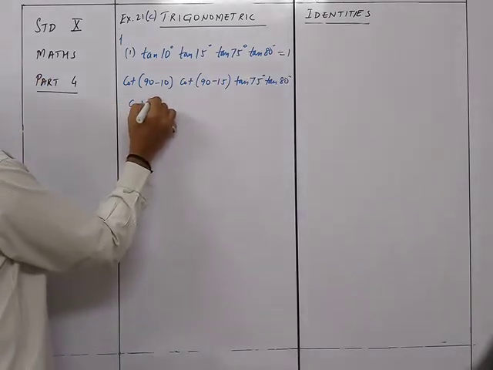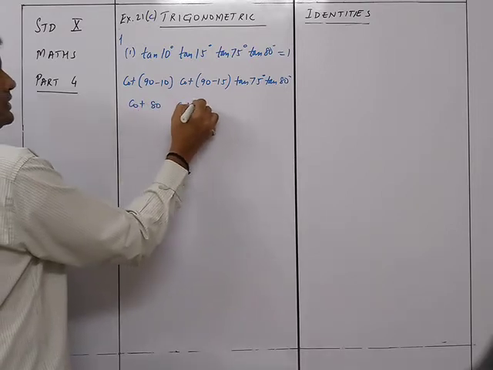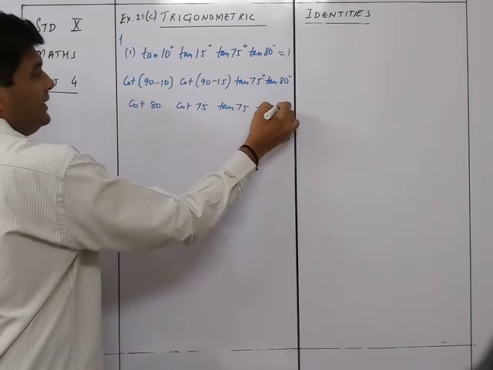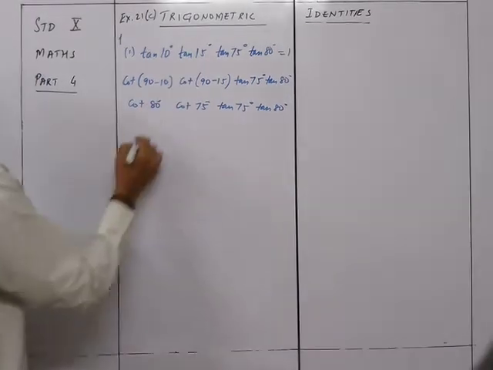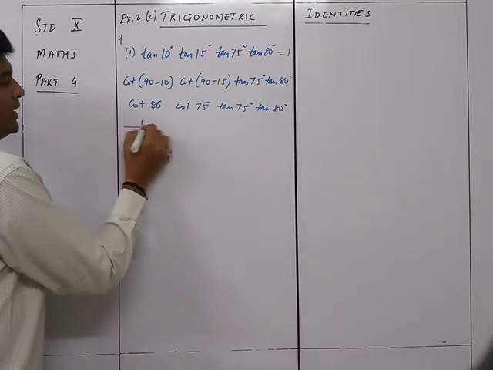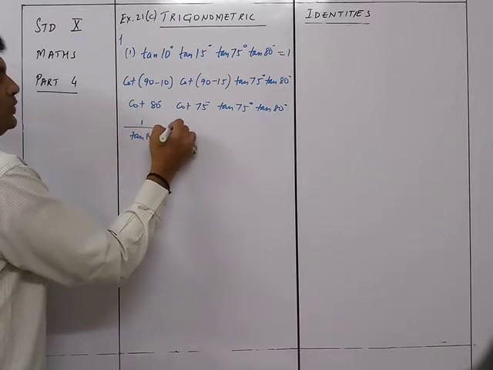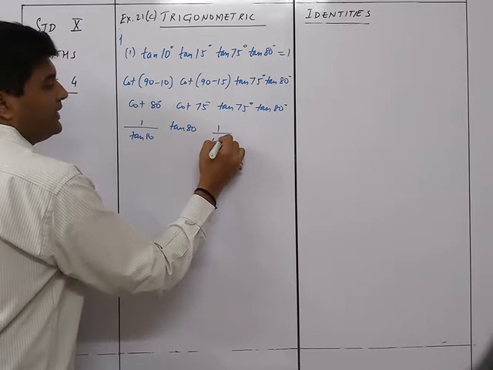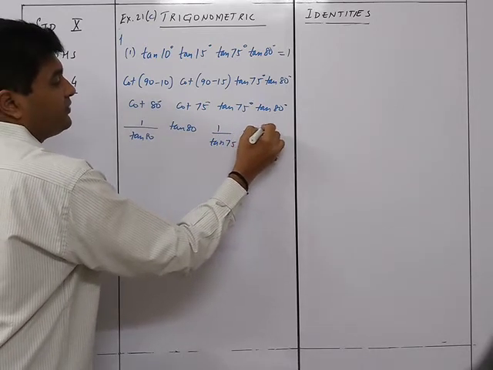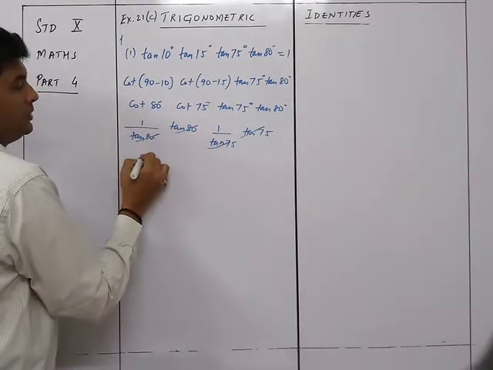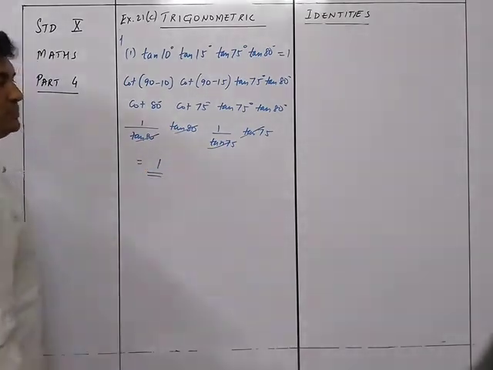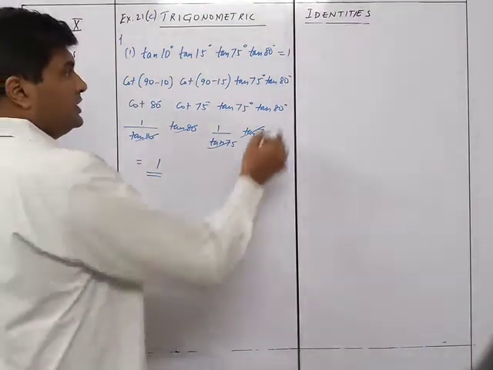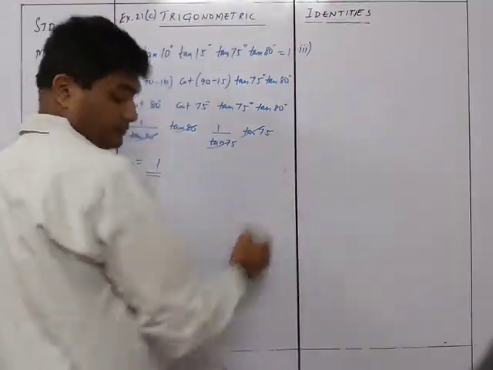So it's cot 80, cot 75, tan 75, tan 80. Cot 80 is 1 upon tan 80 into tan 80, cot 75 is 1 upon tan 75 into tan 75, which is equal to 1. Easy? Very, very easy. Third sum, first ka third.